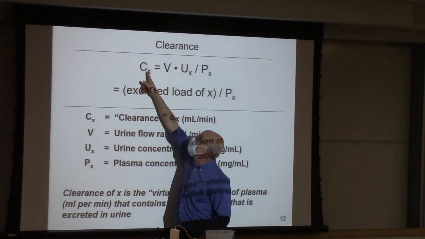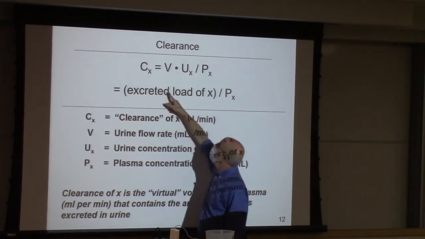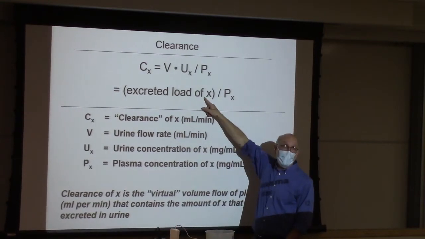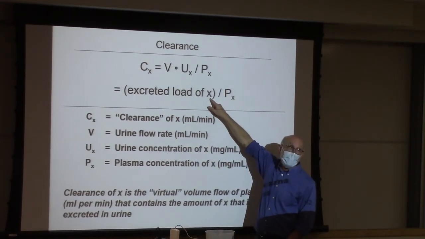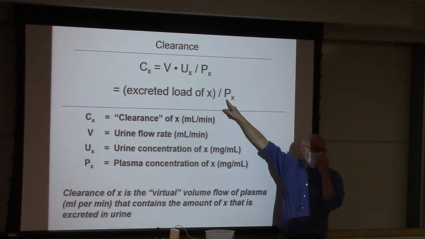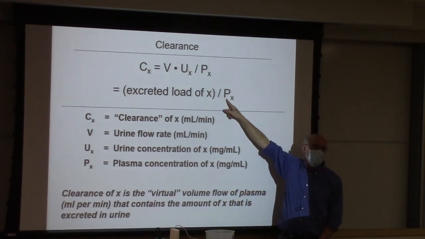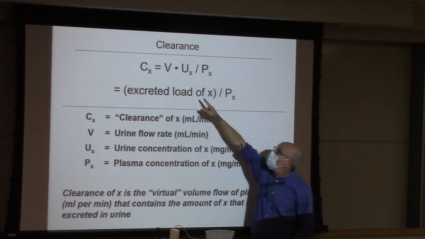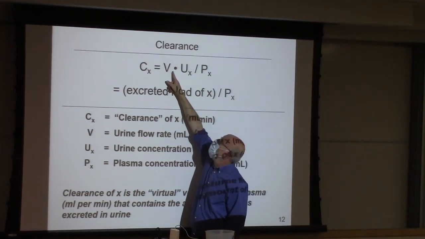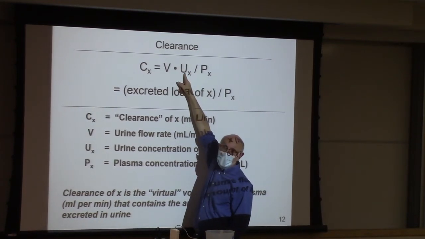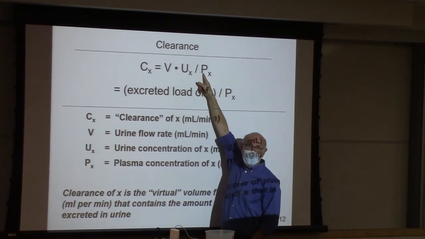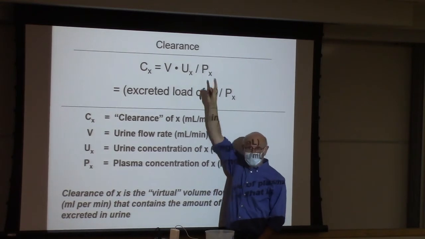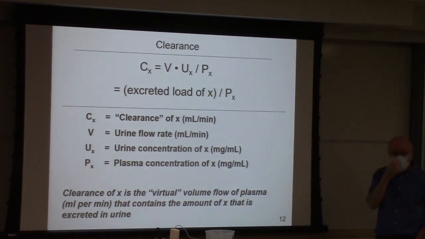So the clearance of something is the excreted load of that something, divided by the plasma concentration of that something. So there it is. Volume of urine times the urine concentration of that thing divided by the plasma concentration of that thing. That's the clearance.